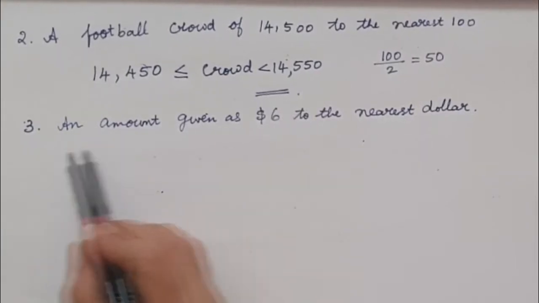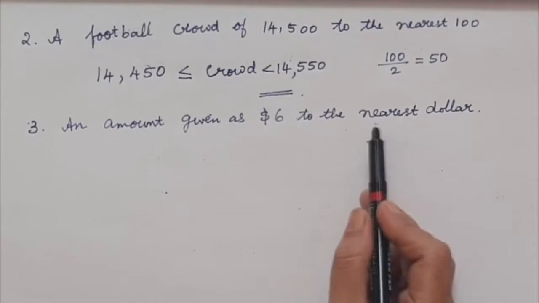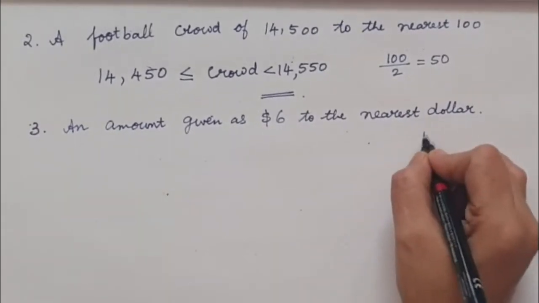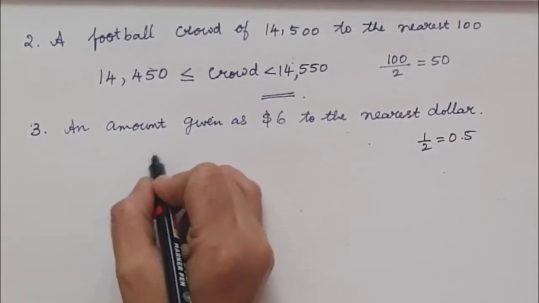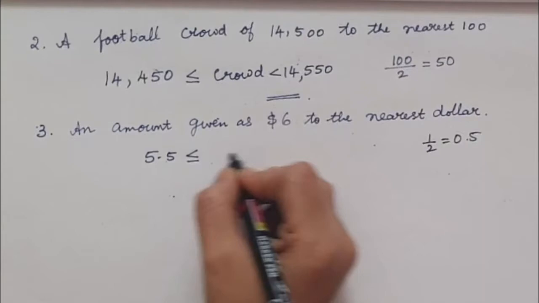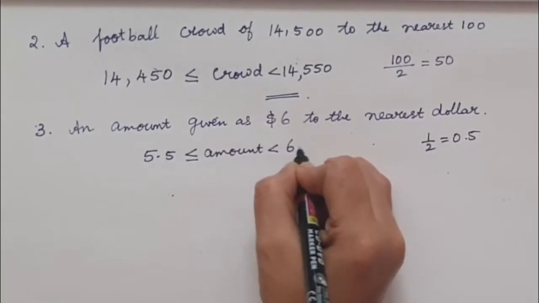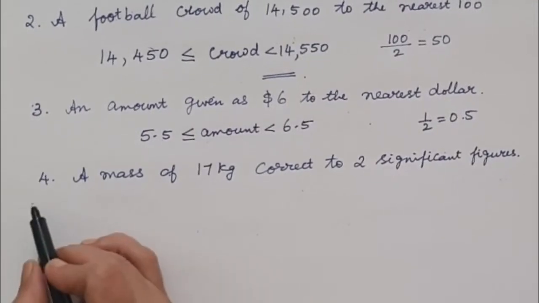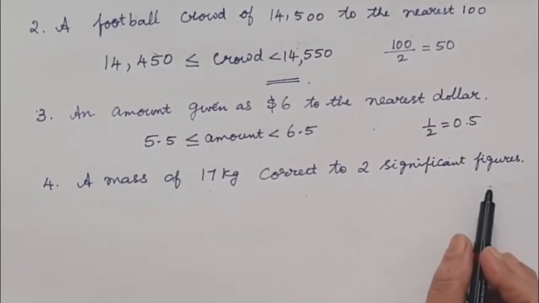Third question, an amount given as $6 to the nearest dollar. Again, nearest dollar, so it is $1. 1 divided by 2 is 0.5. Subtract for the lower value. So 6 minus 0.5 is 5.5, is less than or equal to the amount, which is less than 6.5. Fourth question, a mass of 17 kg correct to two significant figures.